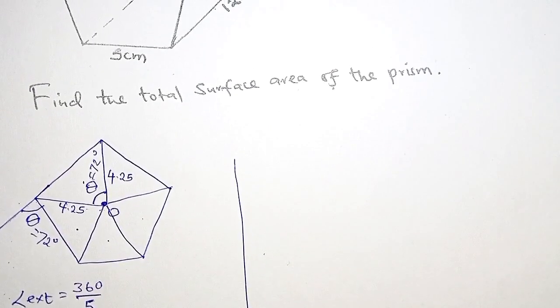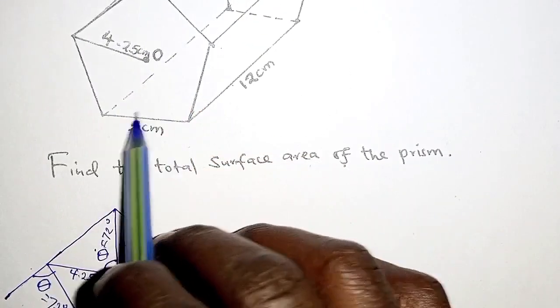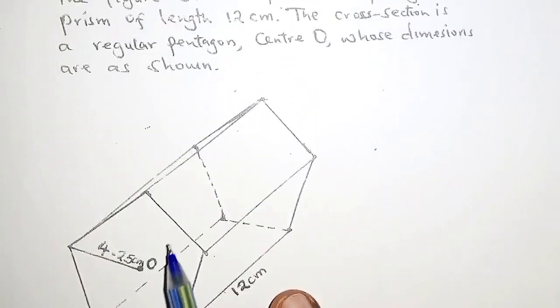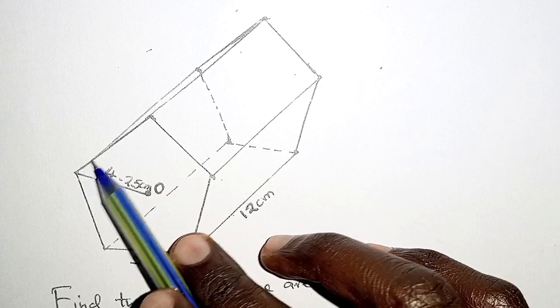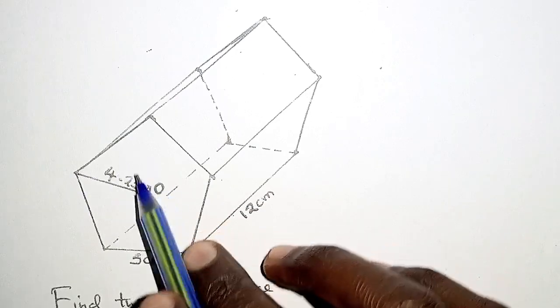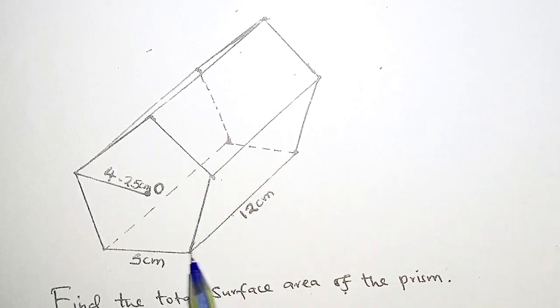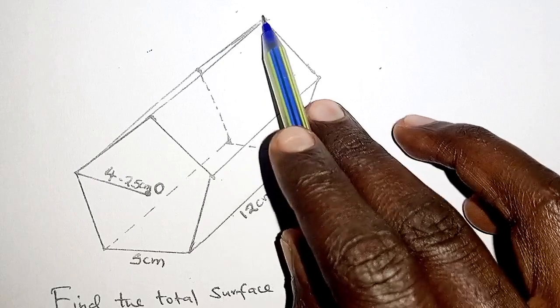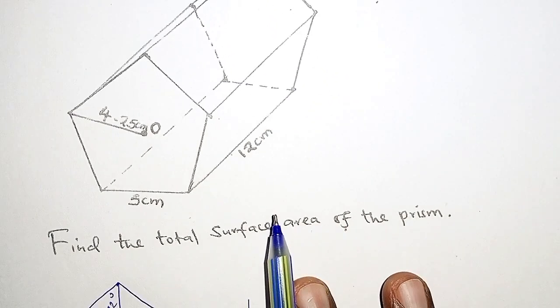Now, take note that that is just the area of this cross section, and because this is a prism, the cross section remains uniform all throughout the length. That means that the size of this cross section here should be equal to the size of the other cross section at the other end. So that's what makes it a prism.